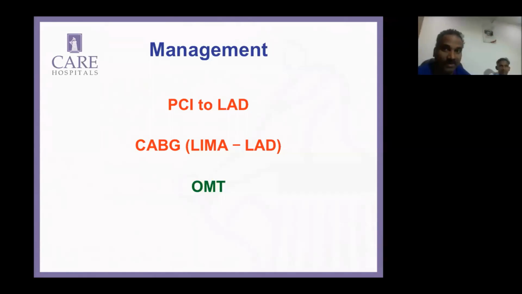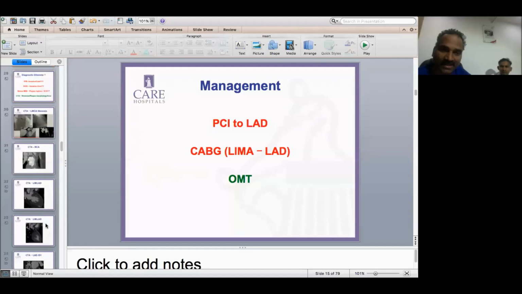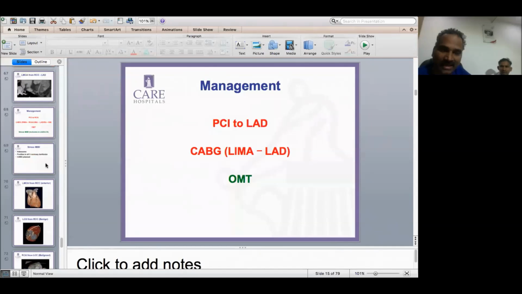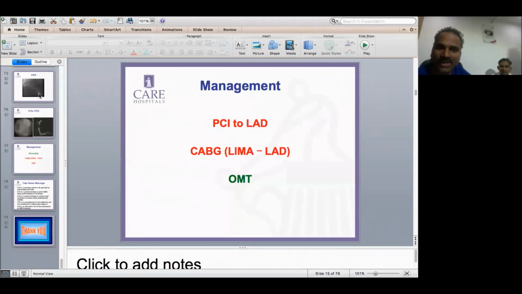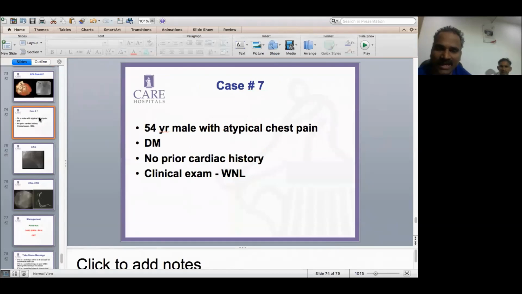So this is the first indication which we can give to all our participants today: an invisible LAD in an angiogram, whether the patient had triple vessel disease or single vessel disease, before taking decisions, it is wise to do a CT angiogram and try to explore how the LAD is.